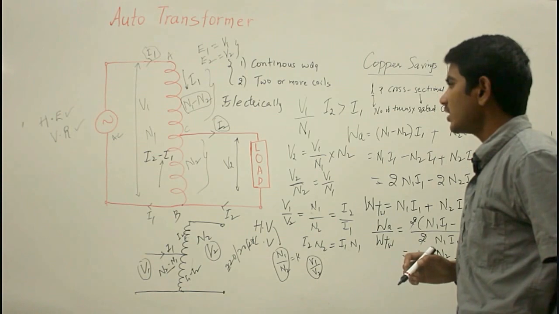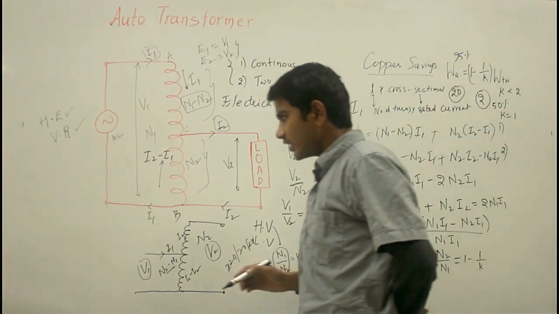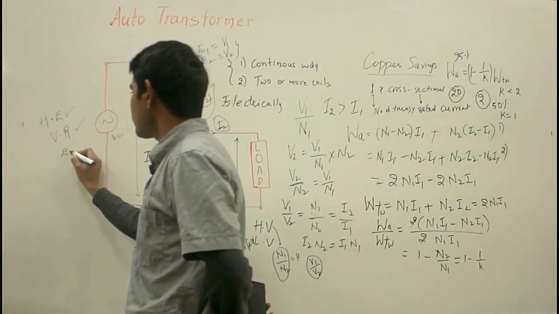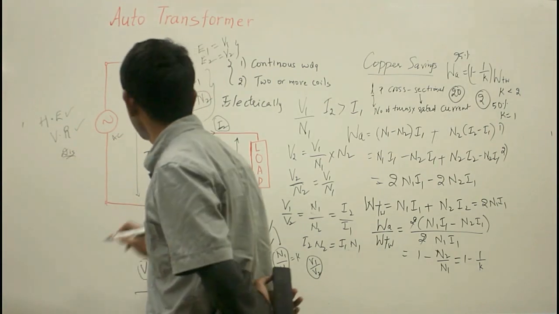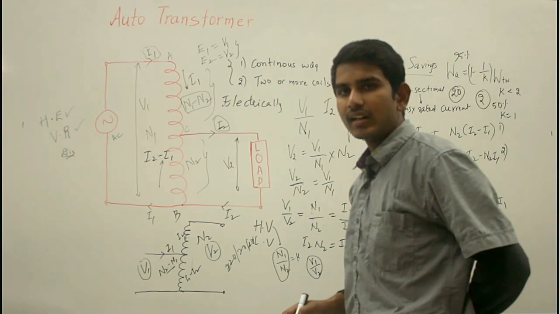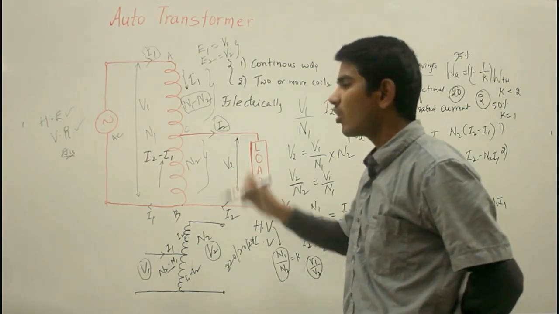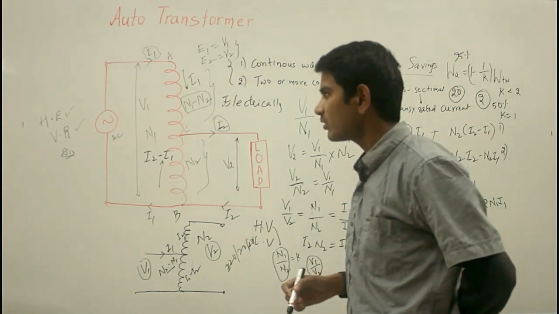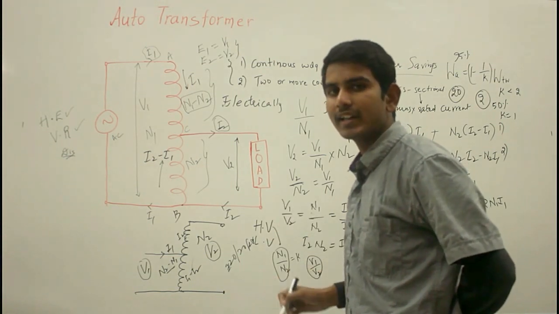And coming to the disadvantages, the disadvantage of the auto transformer is, here if you see, the primary winding and the secondary winding are electrically connected, but in a normal 2-winding transformer they are electrically insulated but magnetically connected.